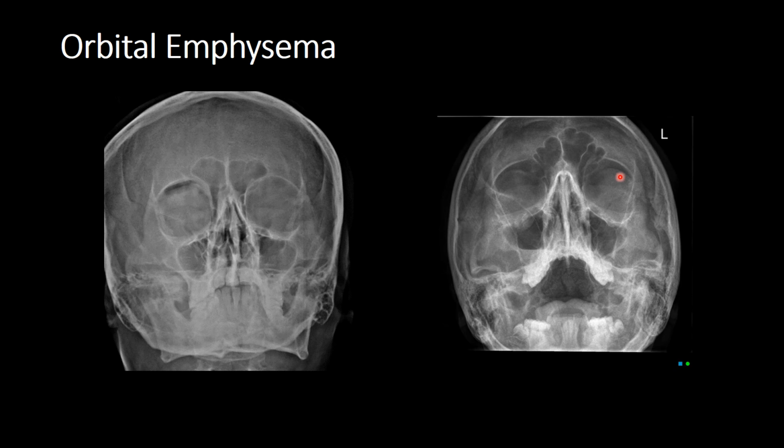You can see the globes of the eyes, and the fat accumulates in the eyelid region, so you get periglobal fat: peri, around; global, pertaining to the globe. It's of a similar density bilaterally, so you can use that to help you when assessing whether it's an orbital emphysema or just periglobal fat. So just something to be aware of.